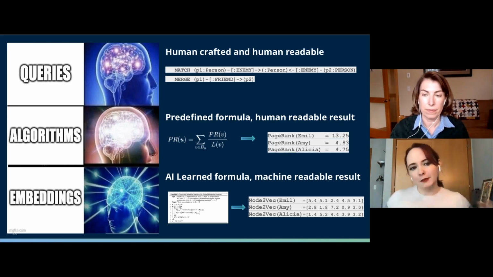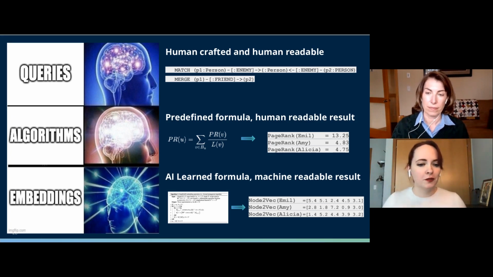So when I'm talking about embeddings, I really like this meme of the exploding brain to kind of compare and contrast embeddings with what you've done before. So if you think about, you've used Neo4j before, you used a database. A query is really something that's human crafted and human readable, super useful.